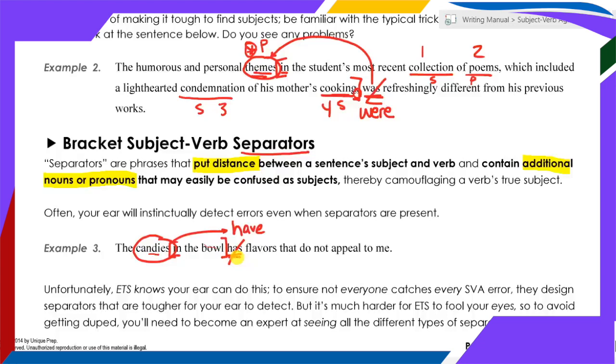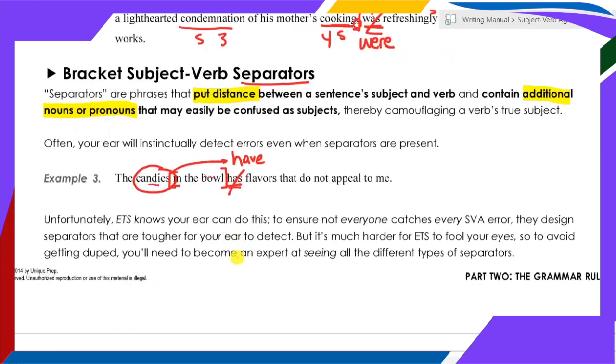However, in this sentence, if somebody came up to you and said "the candies in the bowl has flavors," you would most likely, with your ear alone, be able to detect that error. ETS knows that students can often detect subject-verb agreement errors even in the presence of a separator, which is why they're going to make the separators a little bit more tricky, a little bit more subtle.